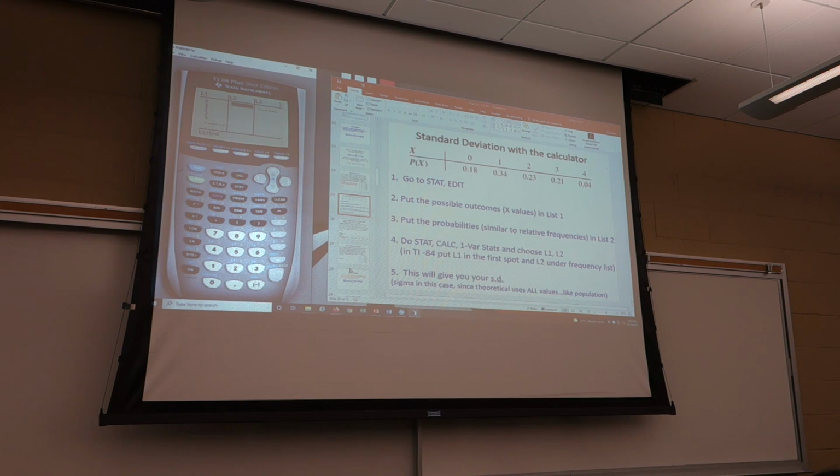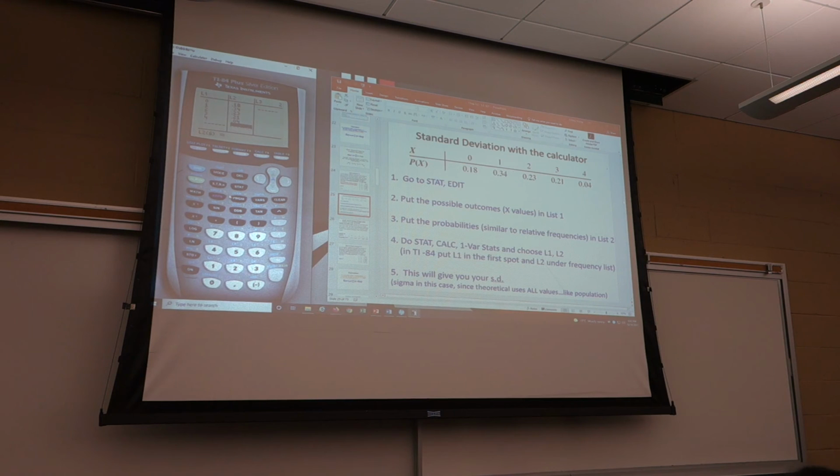All right, so get them all in there. Like I said, if you're on the computer, you can just type them in. 0.18, enter. 0.34, enter. 0.23, enter. 0.21, enter. 0.04. And then double check, make sure your data is all correct.